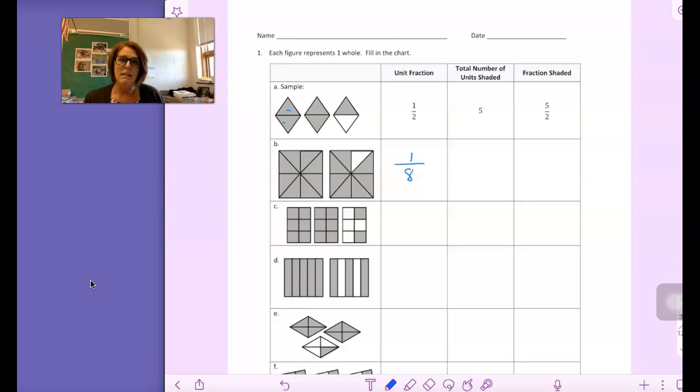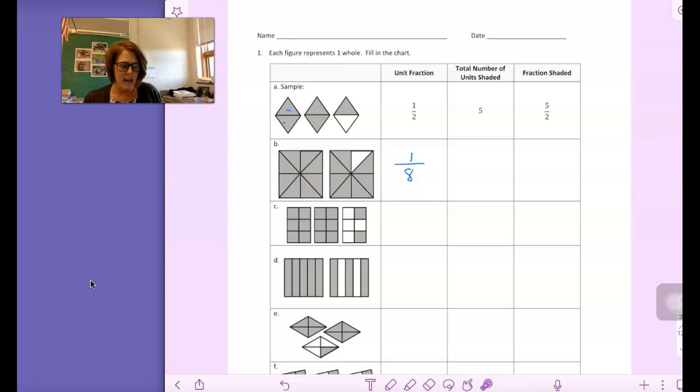So knowing that, to figure out the total number of units shaded for this one, I can say 8. I don't have to recount them because we already determined that there's 8 parts. 8 plus all but 1 means that there's 7 shaded here. You can count them individually: 8, 9, 10, 11, 12, 13, 14, 15.